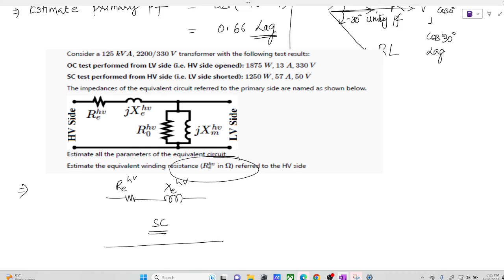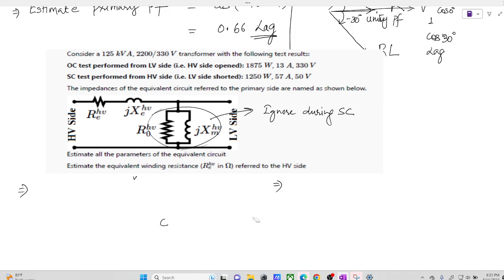I have already told you, this is a plain RL circuit. We need to ignore the shunt branch during the short circuit test. Let me explain more clearly.